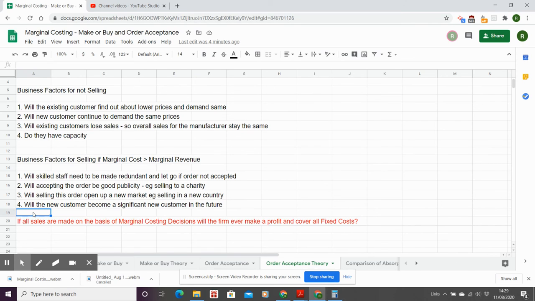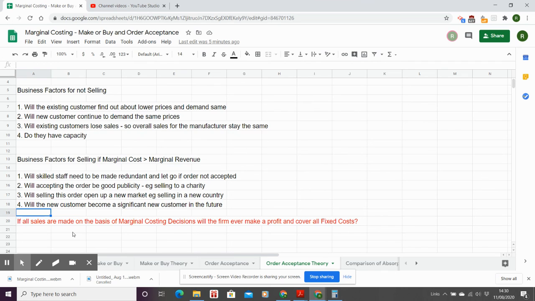And if it's a new customer rather than an existing customer trying to get a lower price for a reason, will that new customer eventually become a significant customer in the future? And just a general comment here, if all sales are made on the basis of marginal costing decisions, will a firm ever make a profit and cover all its fixed costs?